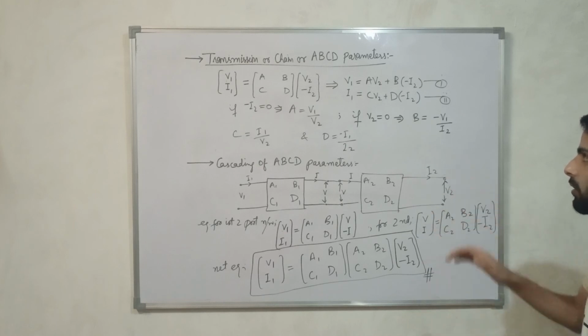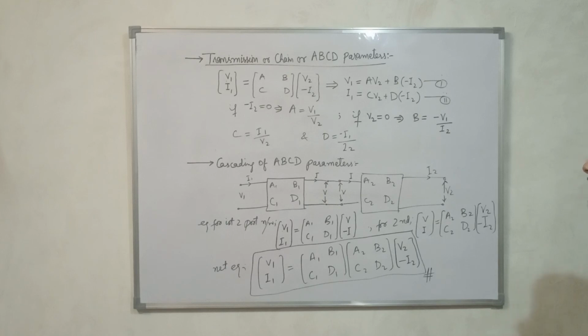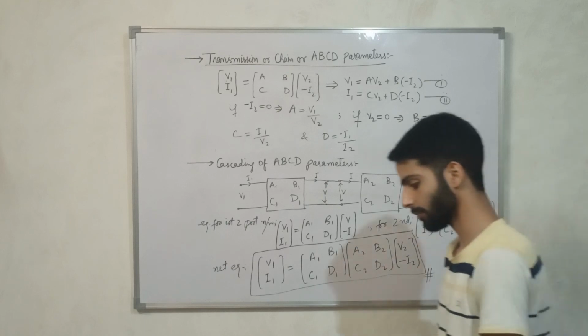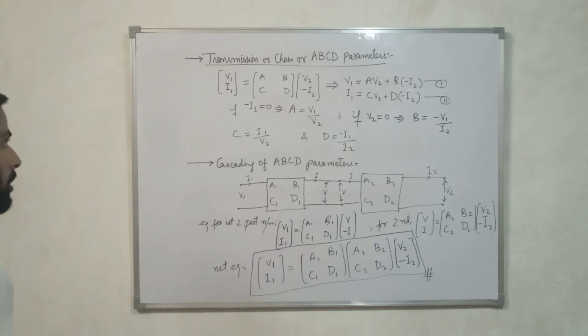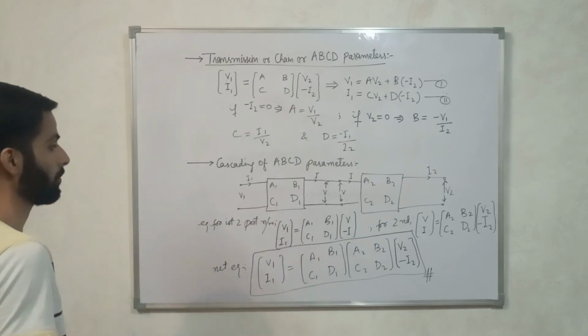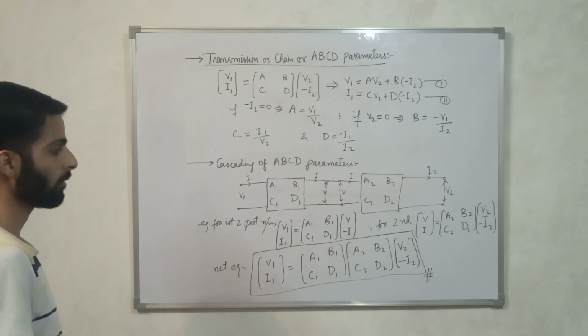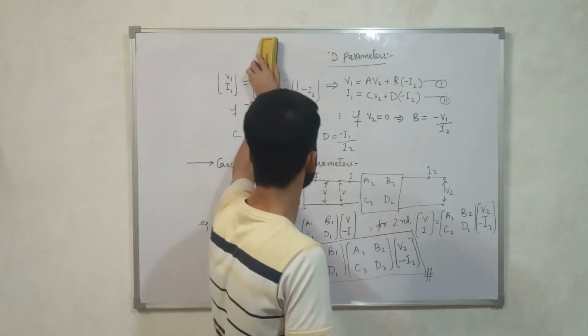So after wiping this out, we shall find inverse ABCD parameters, or inverse chain parameters, or inverse transmission parameters. Take a screenshot of this or note it down. Okay, done.